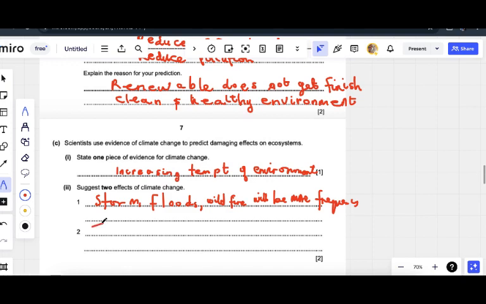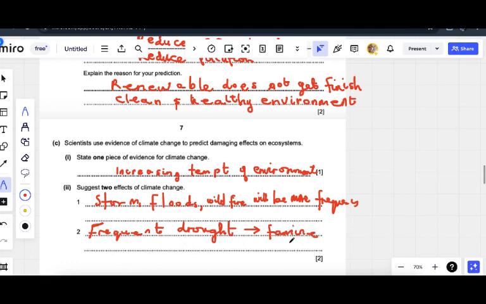So frequent drought. And when there is frequent drought, what will happen? It will lead to what? Famine. Frequent drought will lead to, I just put an arrow to show it leads to famine. Famine is when there is not enough food or they didn't survive, and then there's hunger in the land.